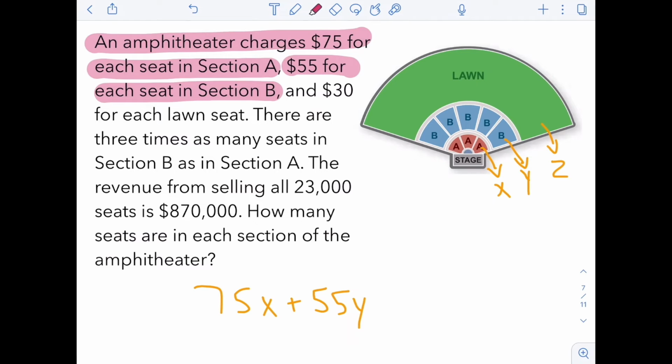And the last part of the sentence is, and $30 for each lawn seat. So that's plus 30Z, because the lawn seats are Z and each one's $30.